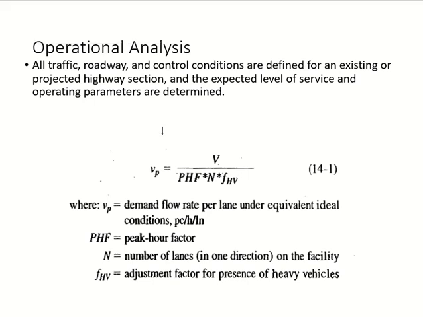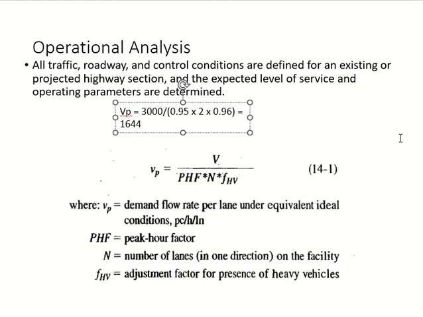How much is the flow rate? 1645. Okay, so it becomes what now? Passenger cars per hour per lane.